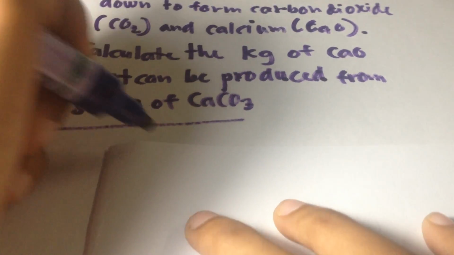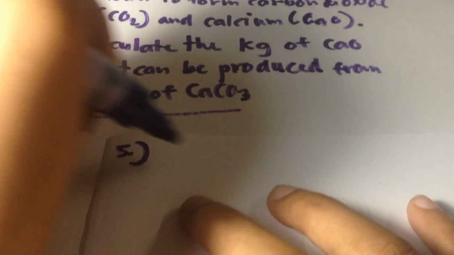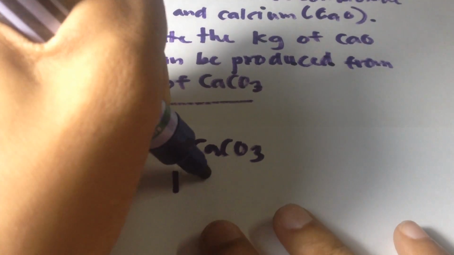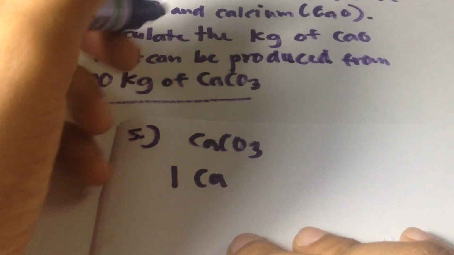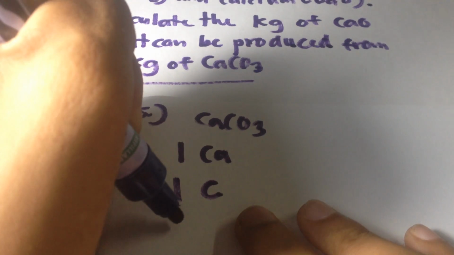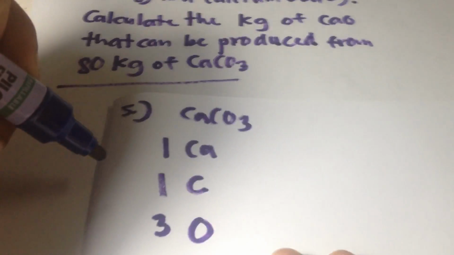So in calcium carbonate, this is number 5. Calcium carbonate, so 1 mole of calcium and 1 mole of carbon, then 3 moles of oxygen.